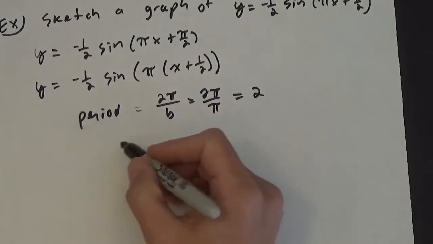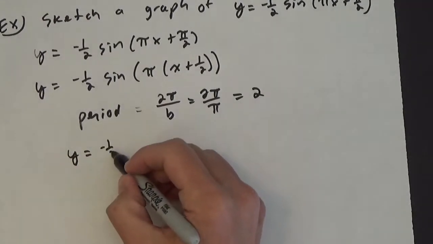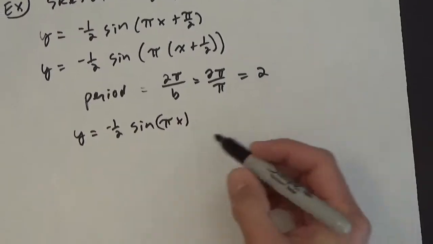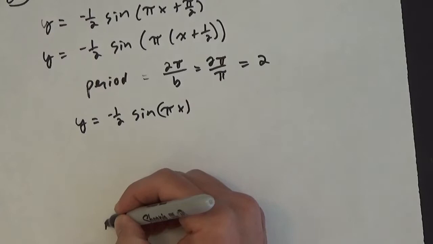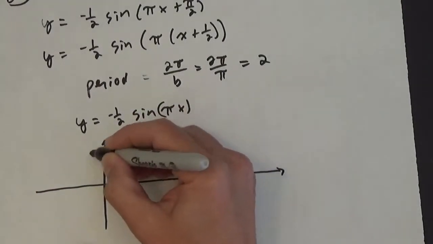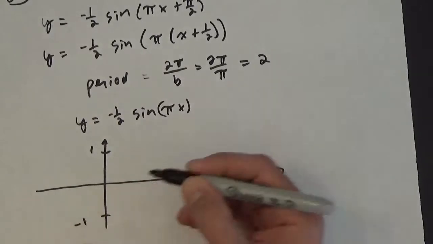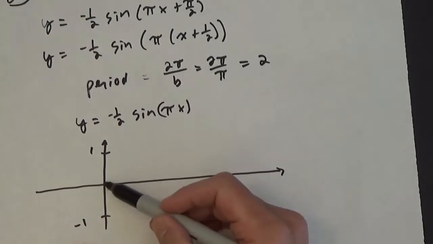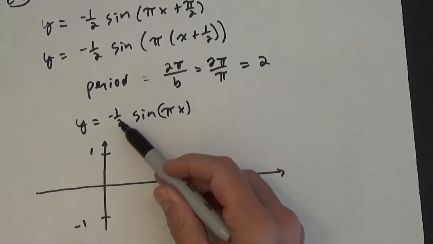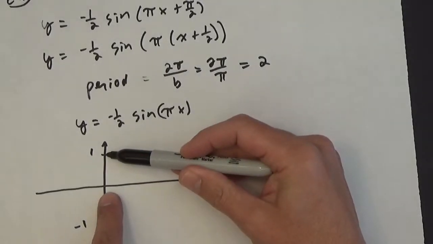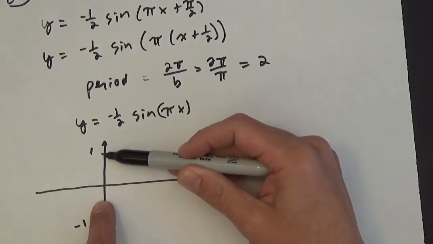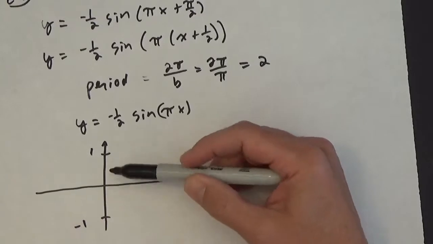So let's first sketch y equals negative 1/2 times the sine of pi x. That might be a little bit easier. We'll do a dotted line for that. So here's 1, here's negative 1. Normally sine starts here and goes up, but we have two things going on. First, it's an amplitude of 1/2 instead of 1, so we're shrinking it, and then we're starting negative.